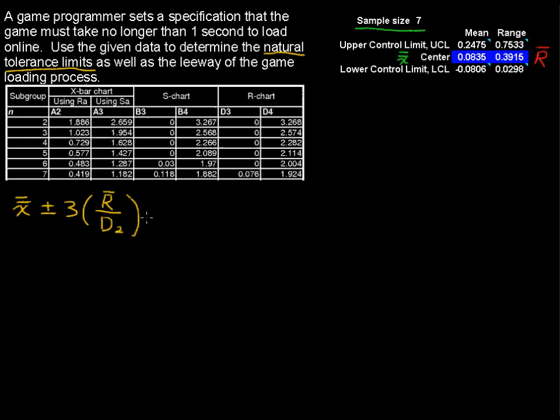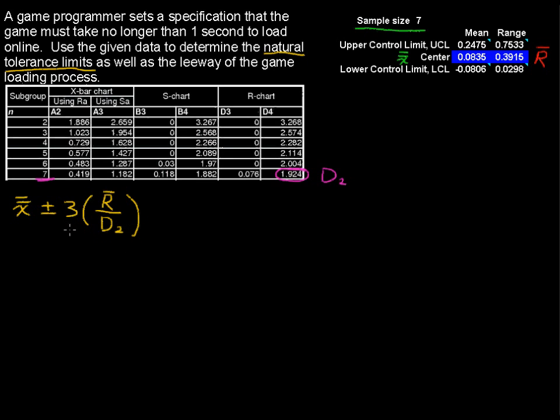And the d sub 2 is this number, this one. And that corresponds to a sample size of 7, and we use it from the D4 column. So that's just the way it's denoted.